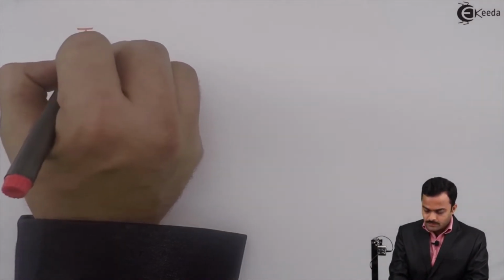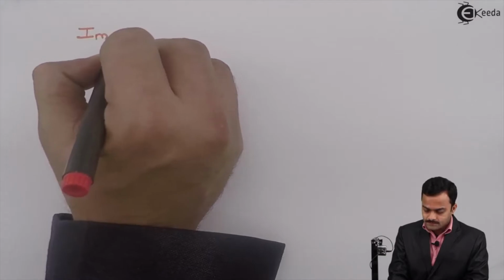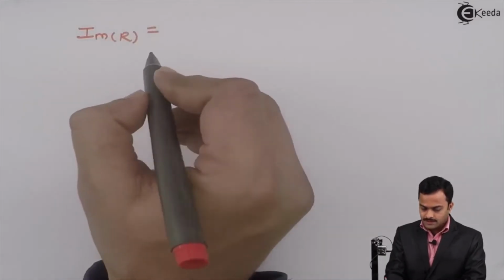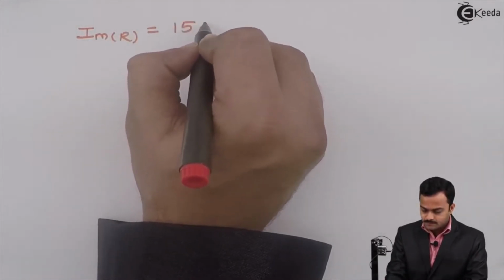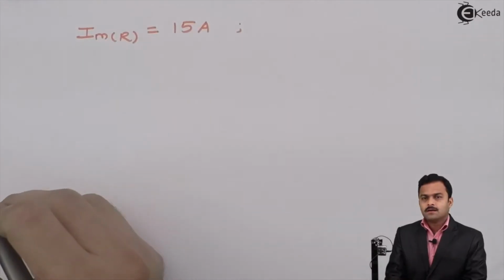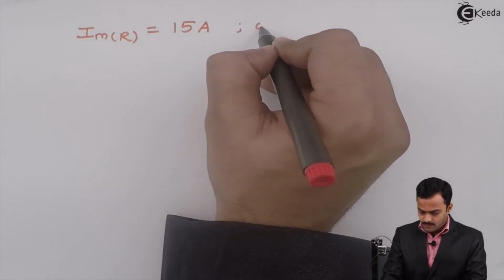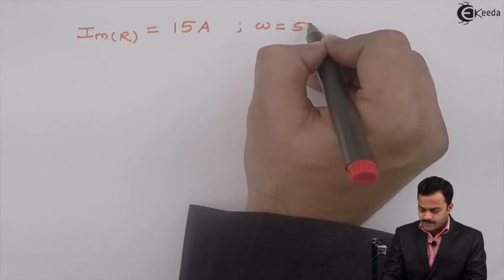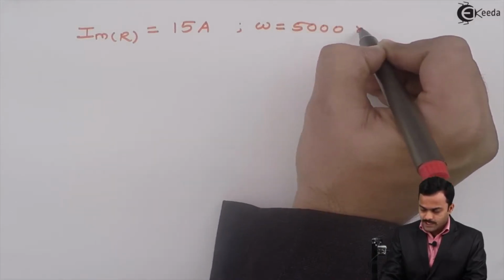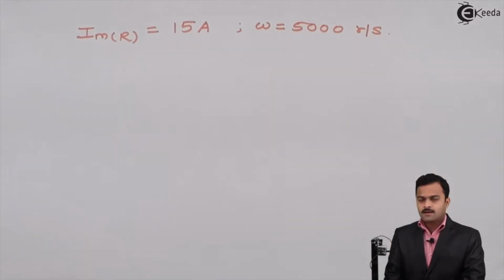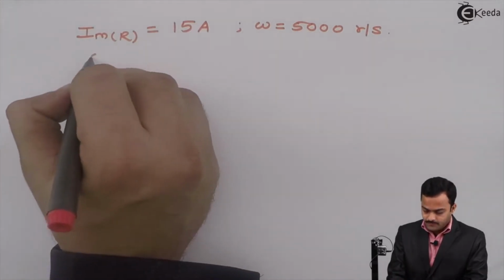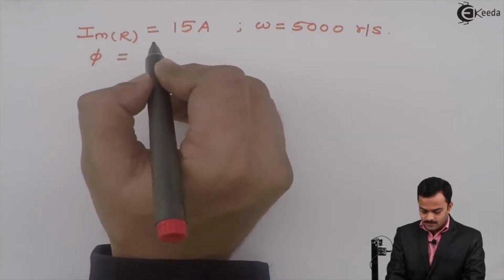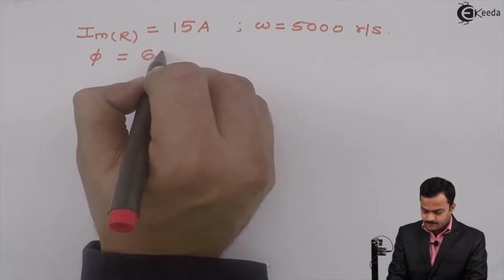I will get the maximum current flowing through the resistance as 15 ampere, omega as 5000 radian per second, its angular frequency, and phi for this current as 60 degrees.